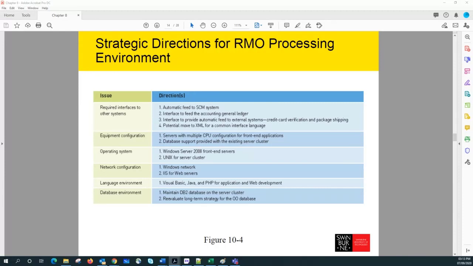They listed all the issues that they will possibly come across with the directions of the organization. In this particular case, they are looking at more automation implemented in their system rather than manual, because they believe that they can save the labor cost enormously in this kind of area.